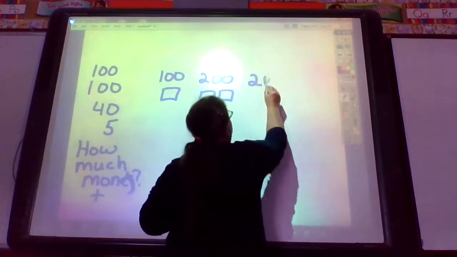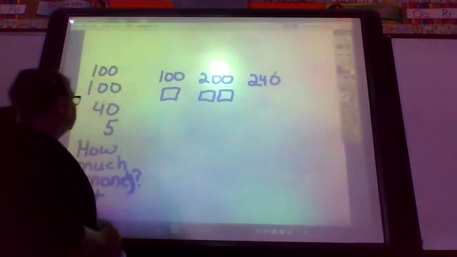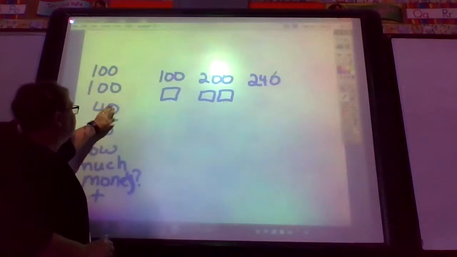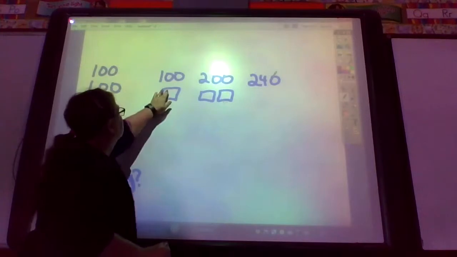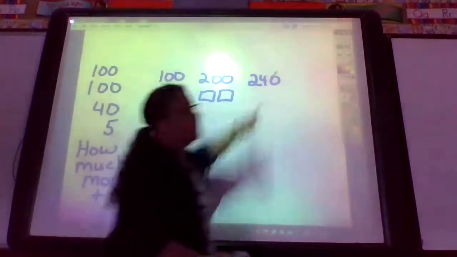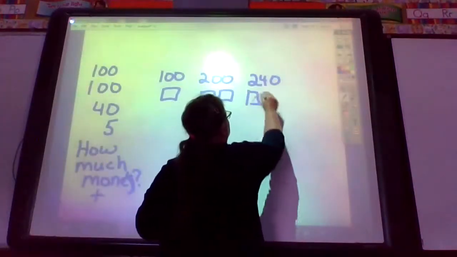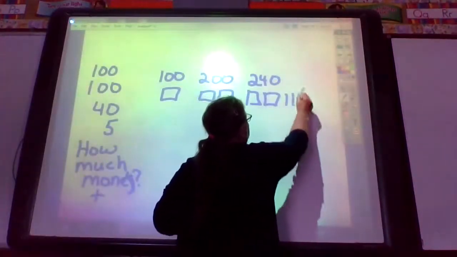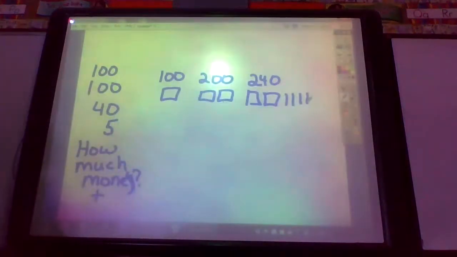My next number would be 240. Because I've got my 200 and now I'm going to put this 40 with it. So I went from 200 to adding my 40 to it. And I can draw that. There's my 240.